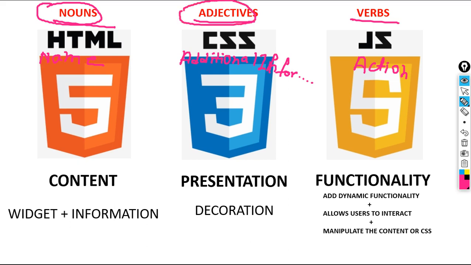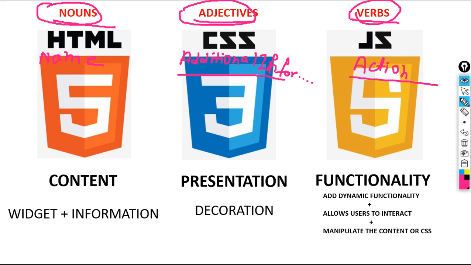An adjective gives additional, special information about that noun: which color is there, which design is there, what is the height, what is the width, what is the length. Correct. That information will be provided by CSS. And a verb is nothing but action. So action will be provided with the help of JavaScript. Additional information like color, length will be provided with the help of CSS.